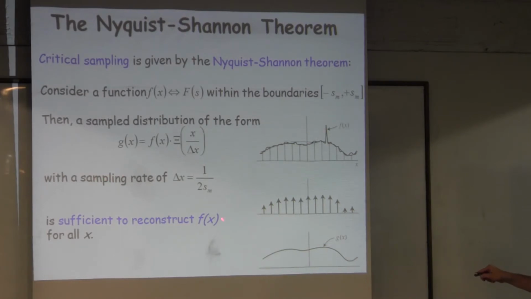You can reconstruct features in f of x at a rate of 1 over 2 times the width of the narrowest features. Like in the previous example, here we sample this function with the vertical lines, and these are then the values that we measure. Okay?